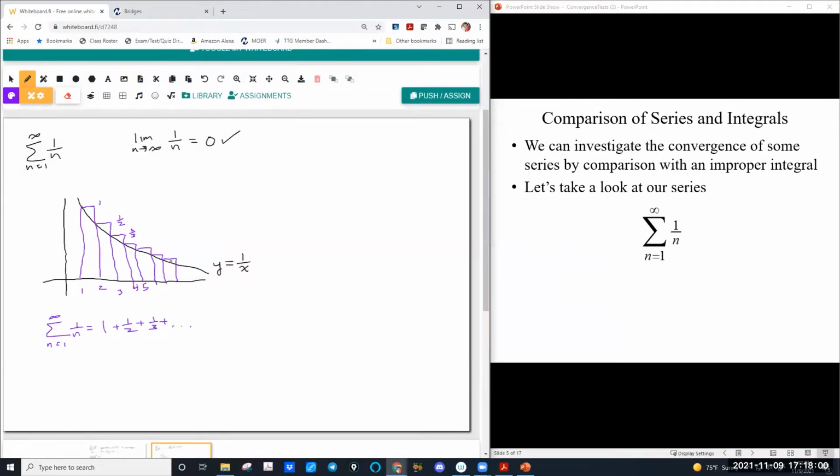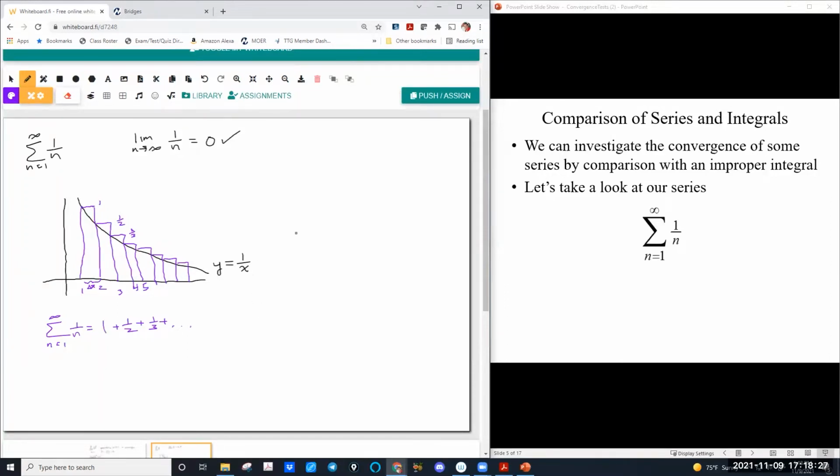So it turns out the left-hand rule with delta x being 1 is exactly equal to this series. Well, notice that this is basically an overestimate of the area under this curve.